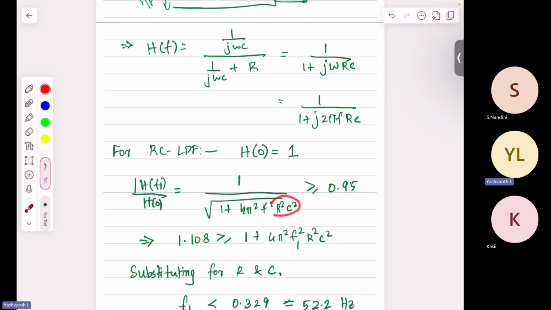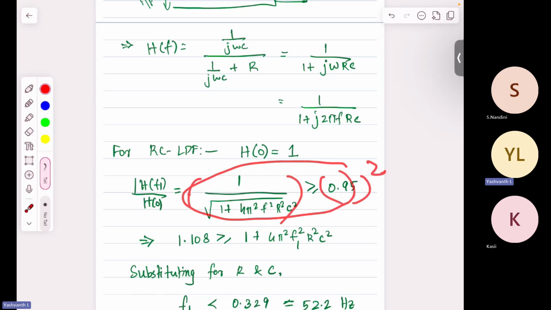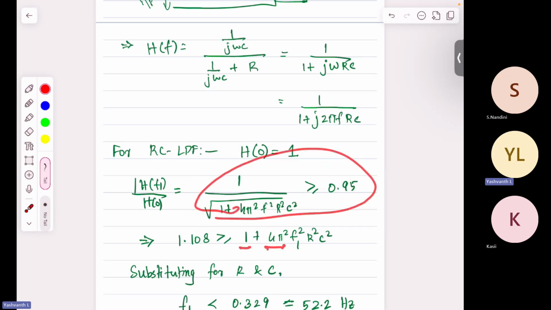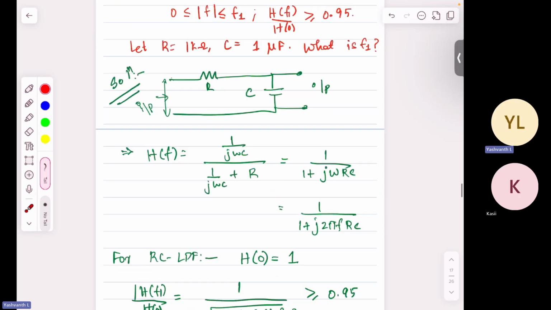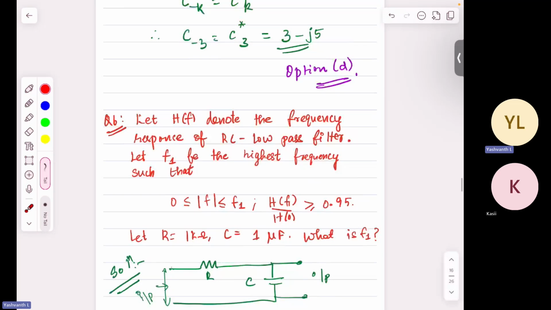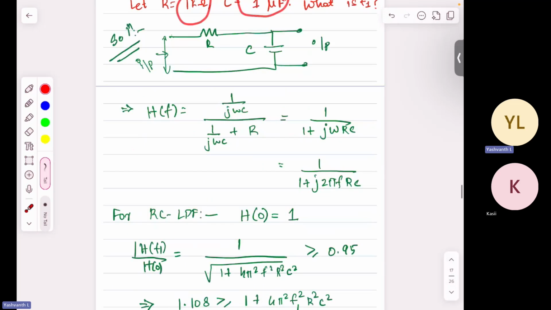Now put the values of R and C. Square both sides and rearrange all these terms. You can show that this is same as saying 1 plus 4 pi square f1 square R square C square must be less than or equal to 1.108. R is given as 1 kilo ohm and C is given as 1 microfarad. Put these values.